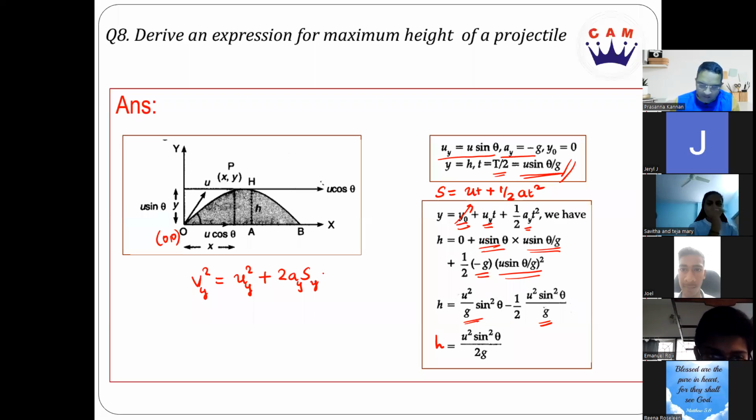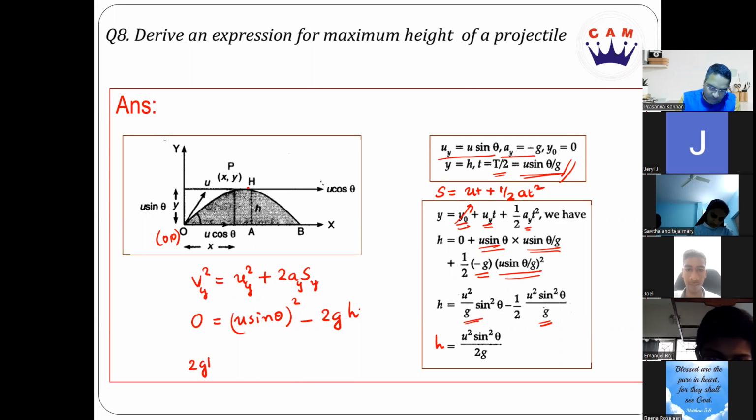Yes, sir. So what is vy at the topmost point of the projectile? What is the y velocity? 0, absolutely. And uy, what is the initial velocity? U sin theta. So 0 equals u sin theta whole square minus 2g into h. Directly you get this, right?